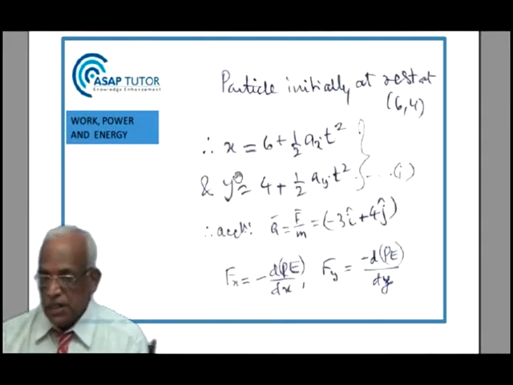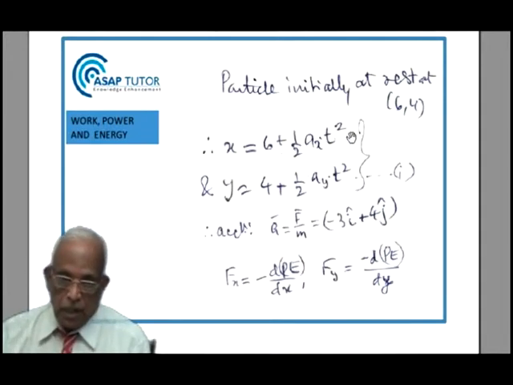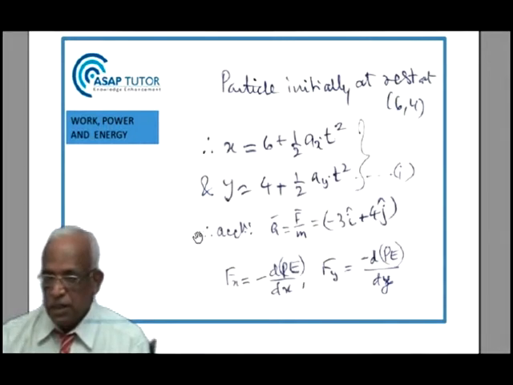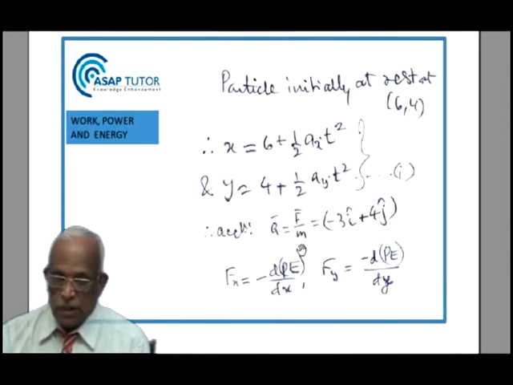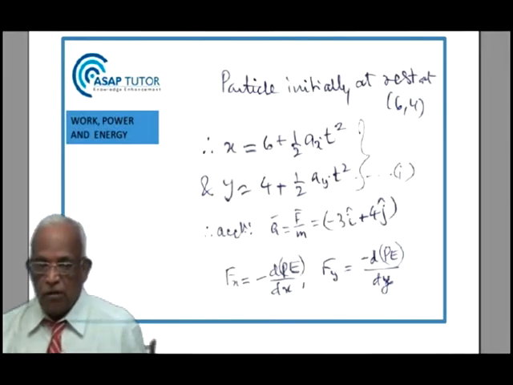Particle initially at rest at 6,4, so x equals 6 plus half ax t square and y equals 4 plus half ay t square. Acceleration a bar is force over m, that is minus 3i minus 4j, and fx equals minus d Pe dx, and fy is minus d Pe dy.